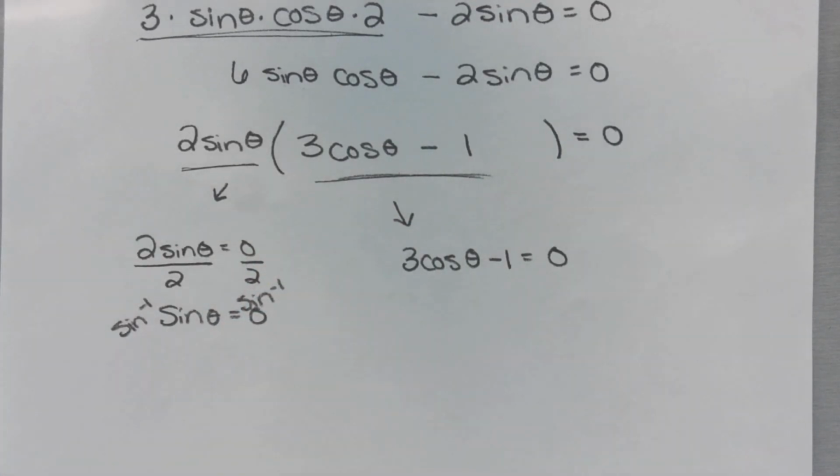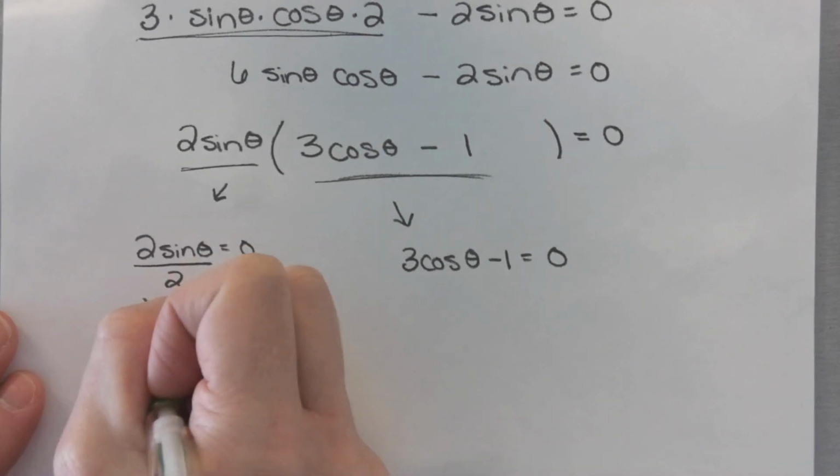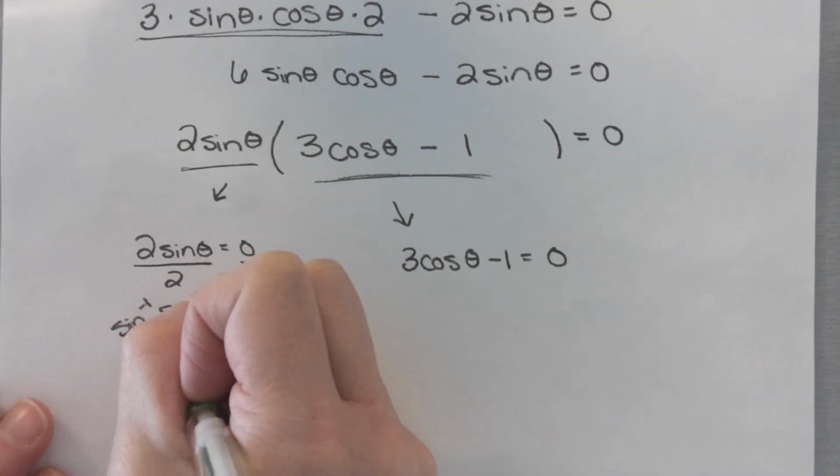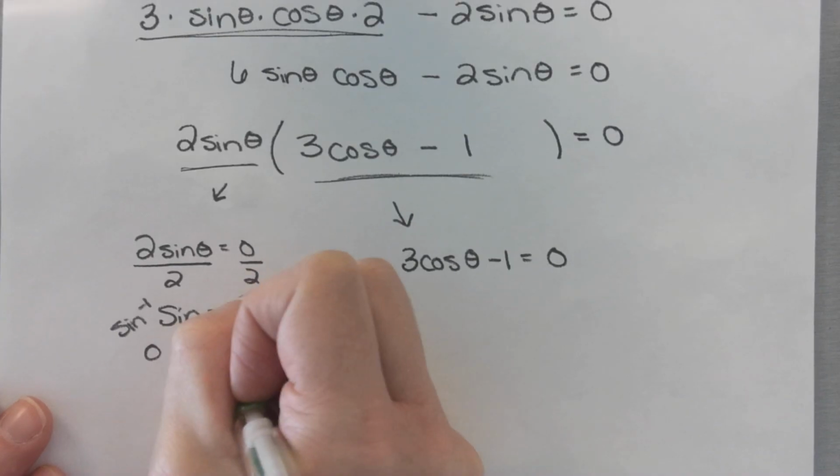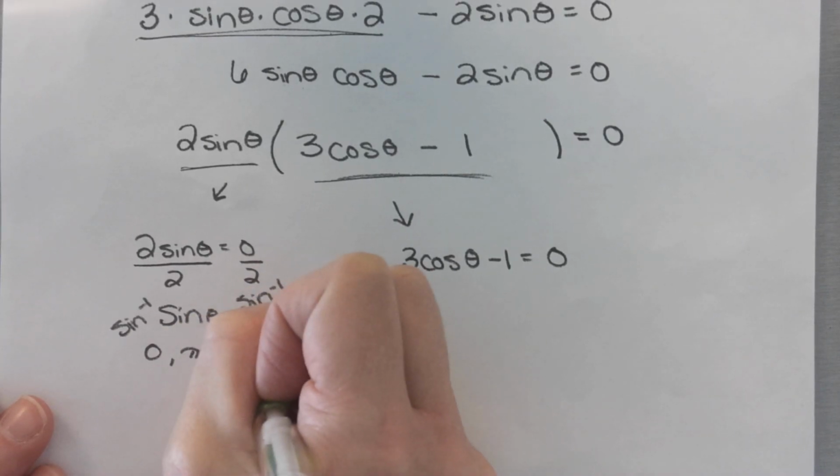Think about your unit circle. We need our sine to be 0. Where does that happen? 0 and pi. So make sure you think about the most concise way that you can write it. If we've got solutions, sometimes it helps to make a list. 0 is a solution, pi is a solution. Would 2 pi be another solution?